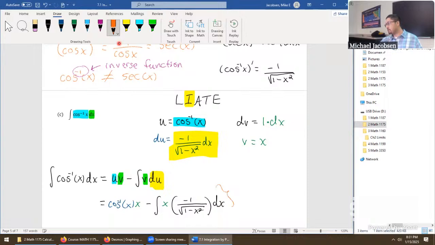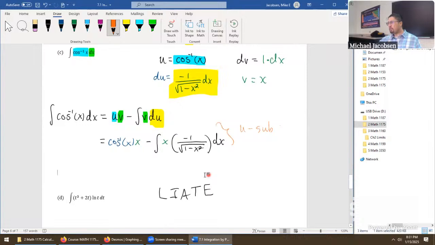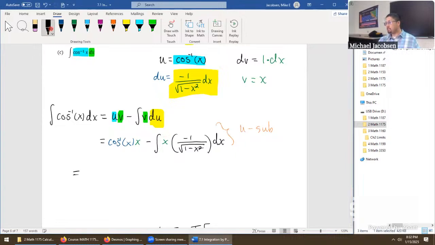So this one is a u sub method. The way we can probably tell just by visual inspection is the derivative of 1 minus x squared is negative 2x. So that could eliminate the x, saying a u substitution in that sense would work. But let's simplify this a little bit more.